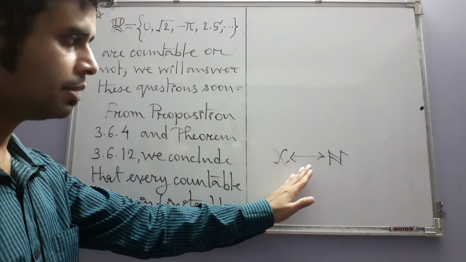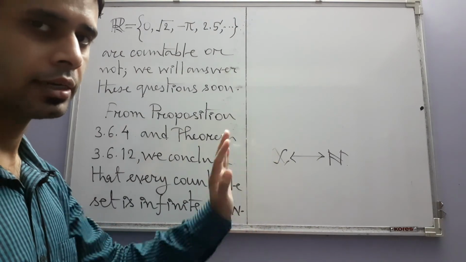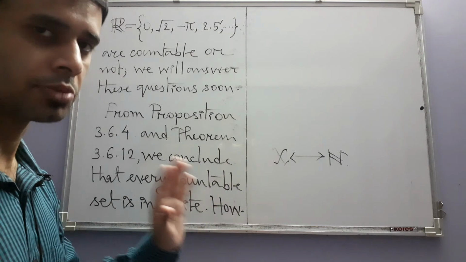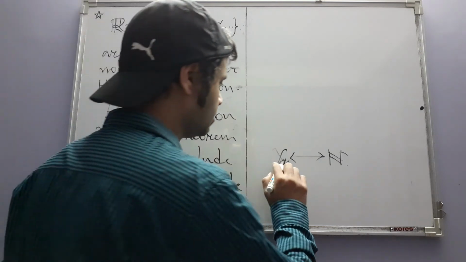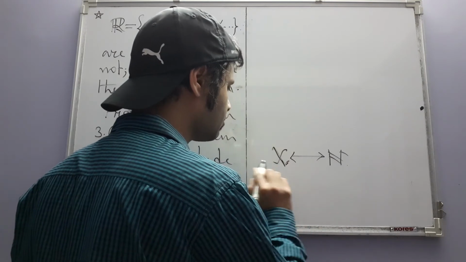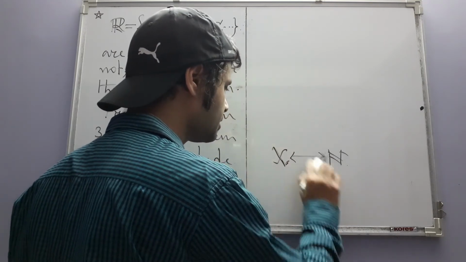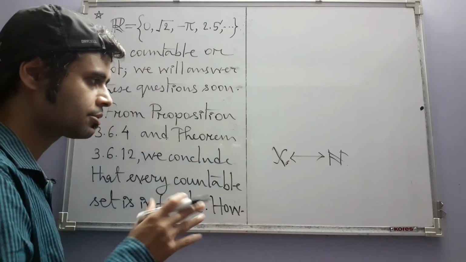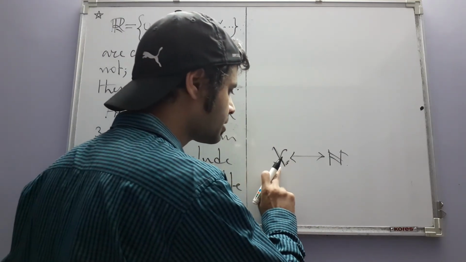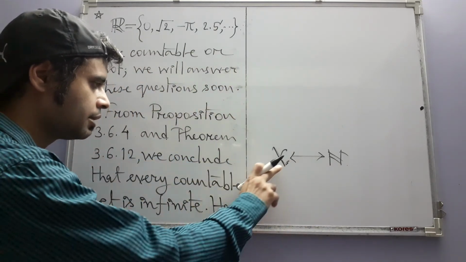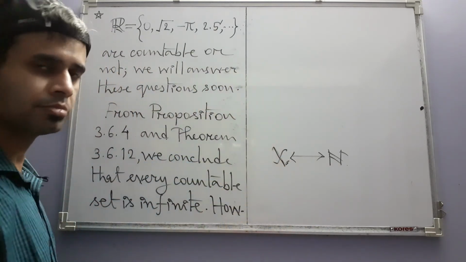That by itself immediately does not tell you that X must be infinite itself. As a set, X must be infinite. Because you see, the definition of countability does not explicitly say also additionally that X has to be infinite. It just does not say that. It just simply says that there should be a bijection between X and N. But where does the infinite nature of X come from this?